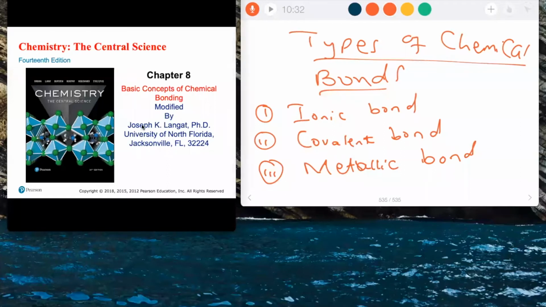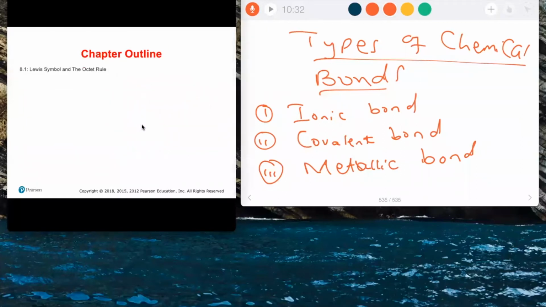All right, the covalent bond is a special type of bond which involves sharing of electrons by the atoms in a compound.